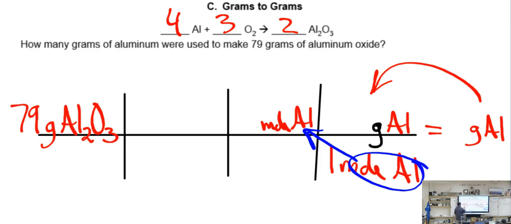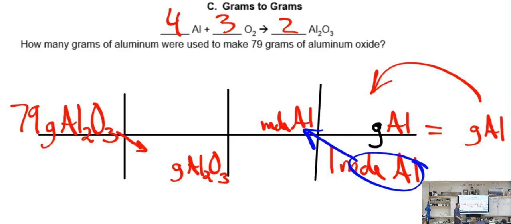Now that will give me some information on what goes down here. Does anyone know what that is? What unit? The grams of Al2O3. Then tell your lab partner, anytime you find the grams on the periodic table, it's per what? Tell your lab partner right now.